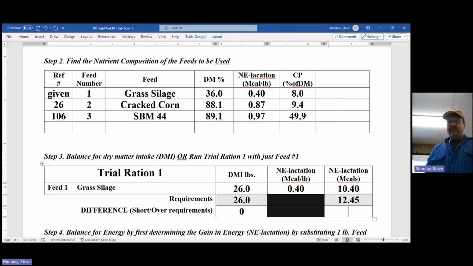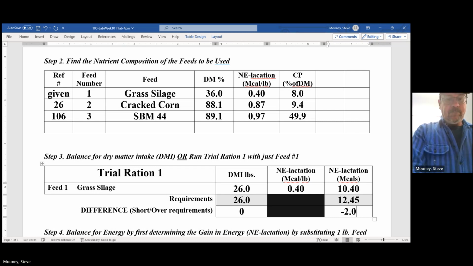We subtract one from the other and we find that we are short just a little over 2 megacalories, 2.05. Everybody with me?